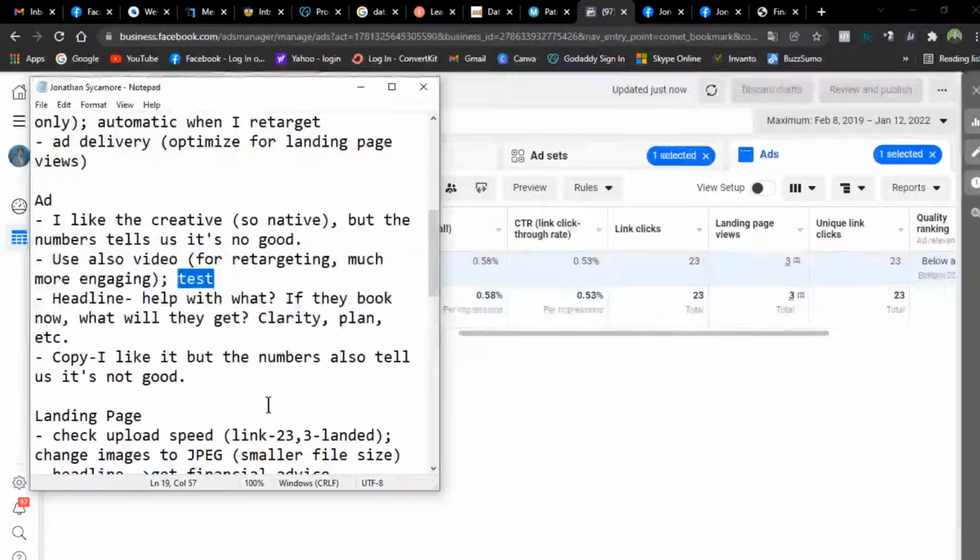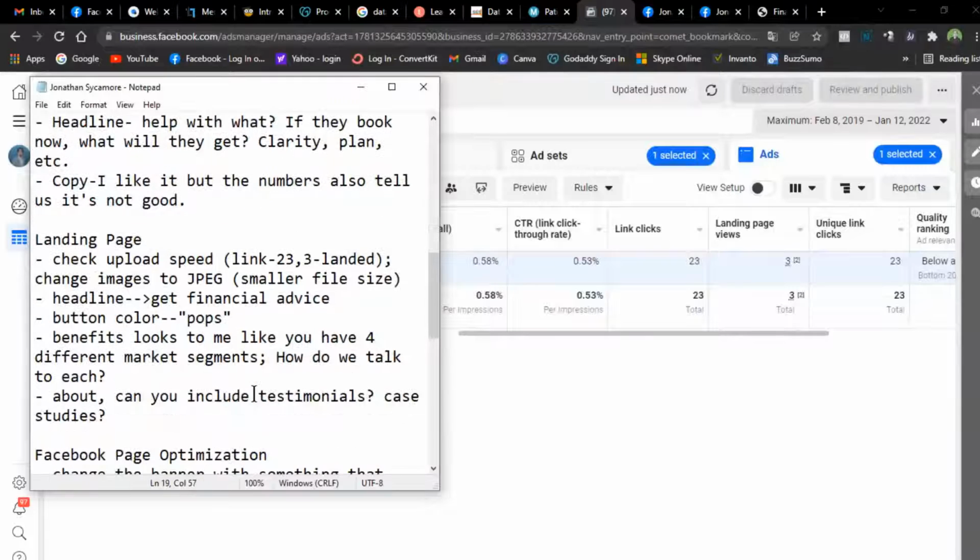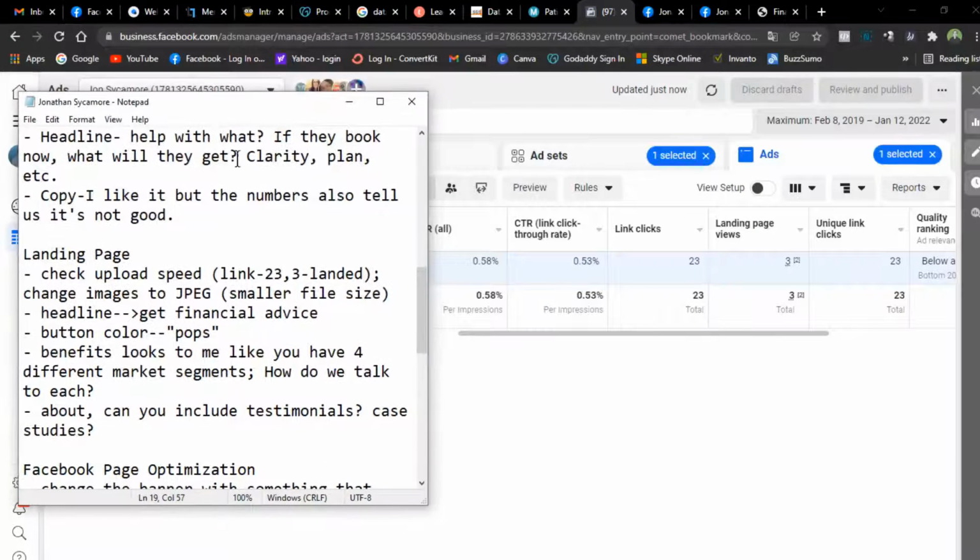All right, now let's go to your landing page. So I thought maybe why is it the case that there's only 3 landing page views out of 23 link clicks? It's possible that your page upload speed is slow.